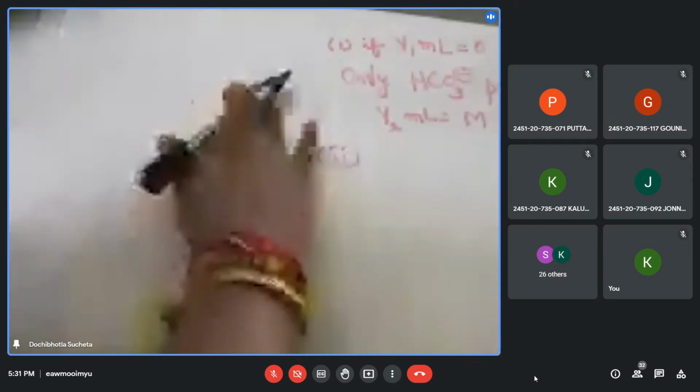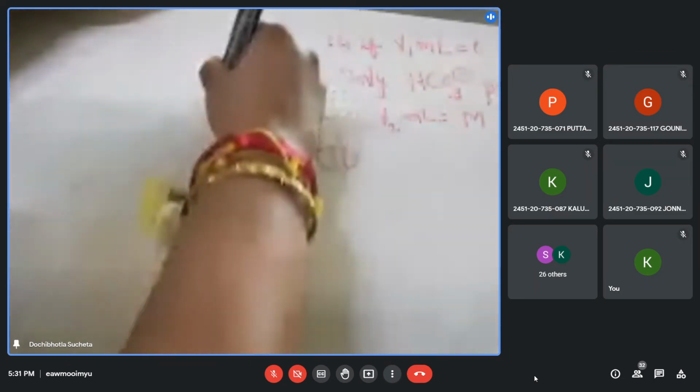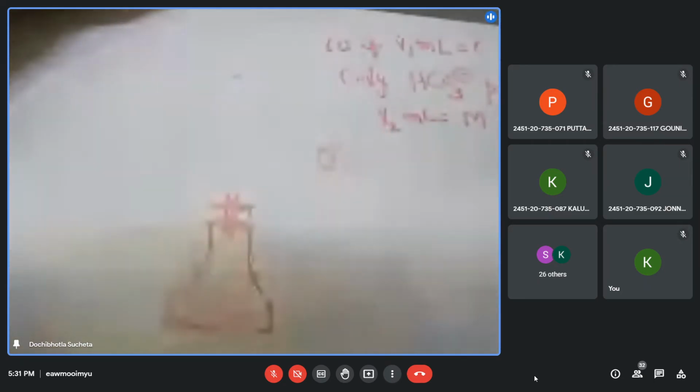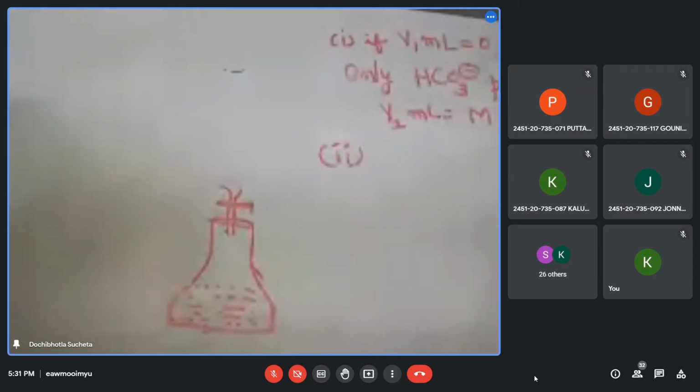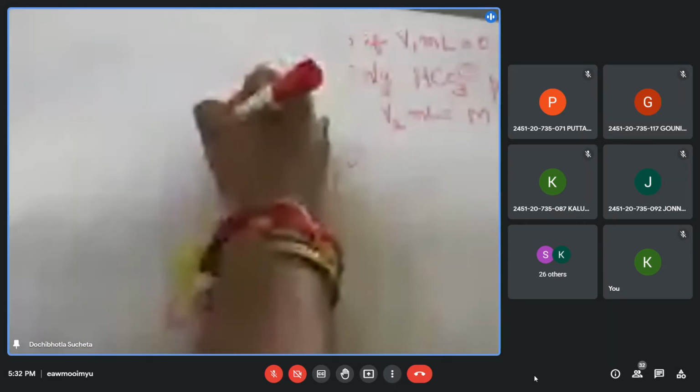I'll start doing the titration and when the titration is over, the solution turned colorless, and now I take the same solution to the desk. I added methyl orange indicator. The methyl orange indicator gave red color. So what is the anion that might be present?